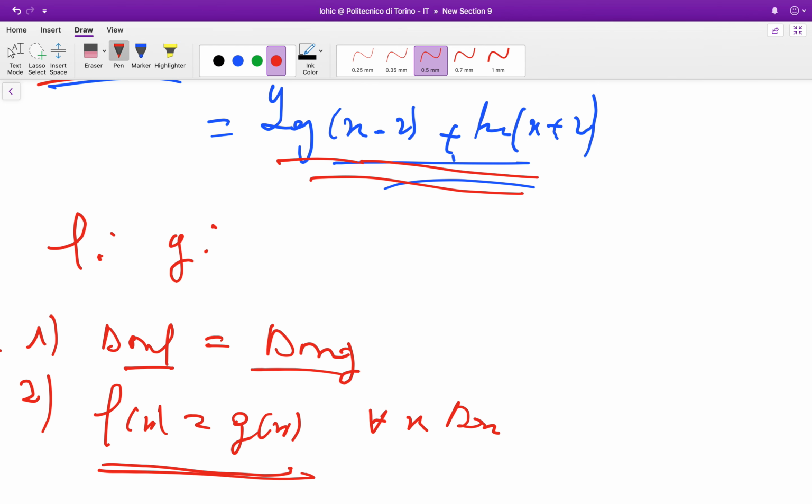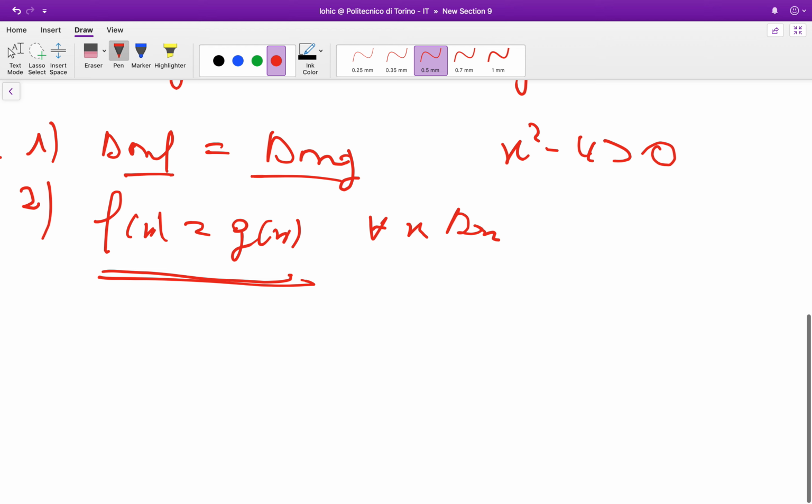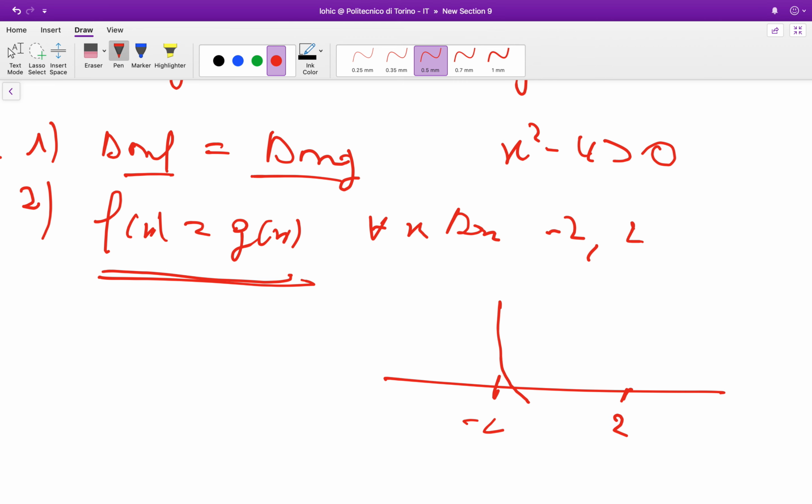In the first case, the first function is the log of x squared minus 4, right? The condition for the domain will be x squared minus 4 greater than 0. But how do I know that the roots of this are minus 2 and 2, right? So I plot it with minus 2 and 2, and I draw the parabola like this.